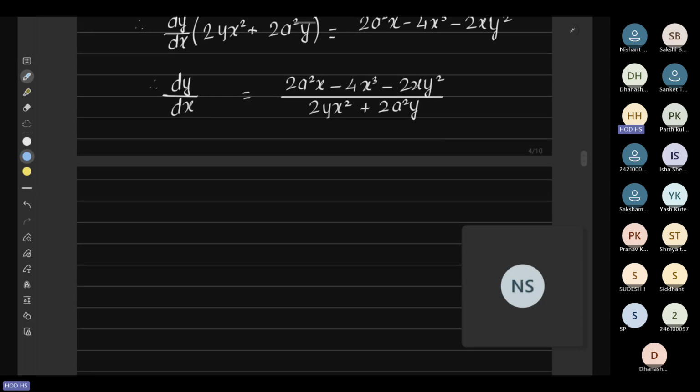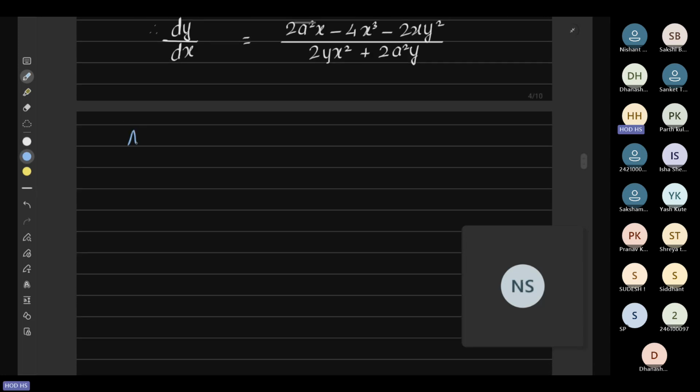So notice that we want to calculate at (a, 0) and (minus a, 0).